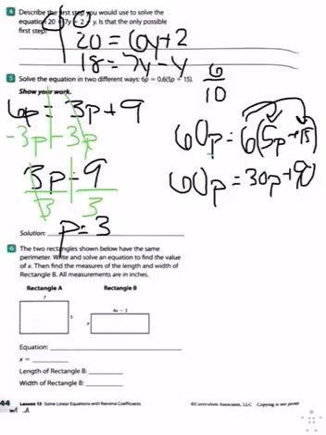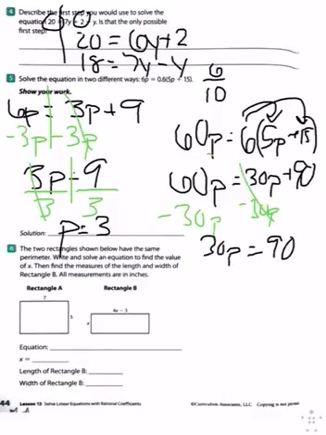Now, from here, we can subtract 30p from both sides. 60 minus 30 would give us 30. 30p equals 90. And then my last step is to divide by 30. And again, you would get the same answer, p equals 3.